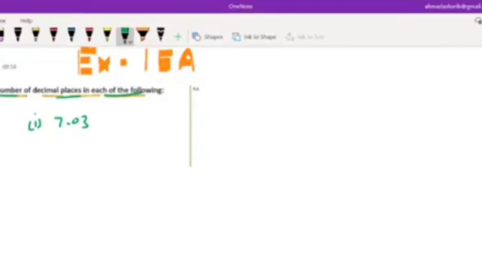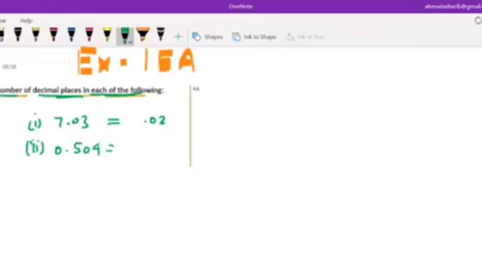Decimal places means how many digits are there after the decimal, or what are the digits that are after the decimal. You have to write those digits. So you will write as answer 0.03. 0.03 is the answer.